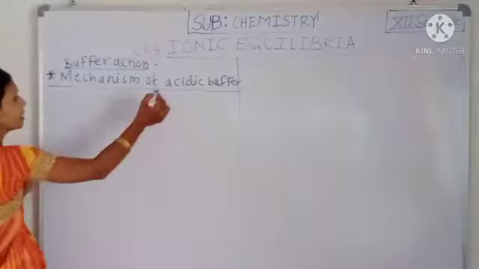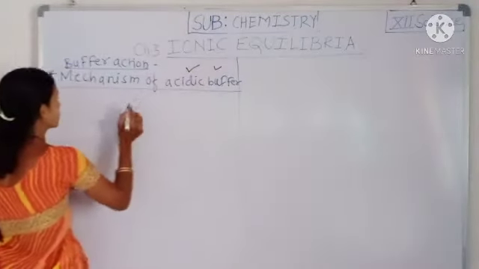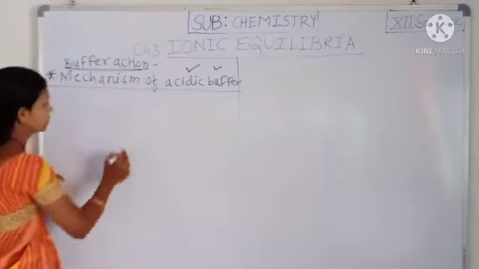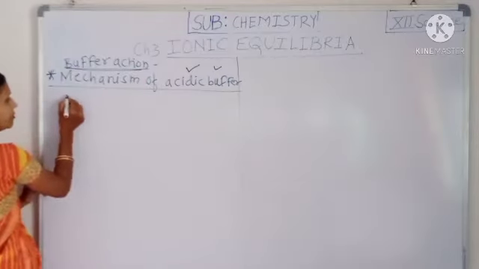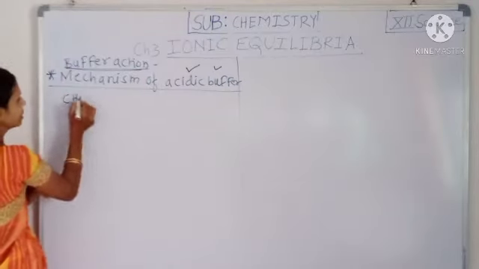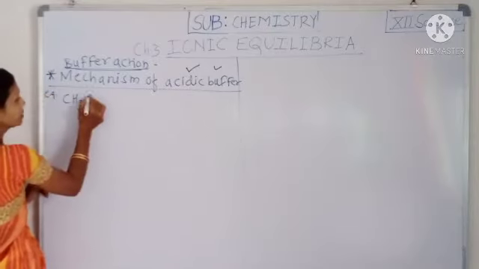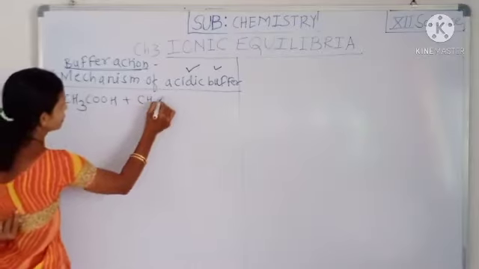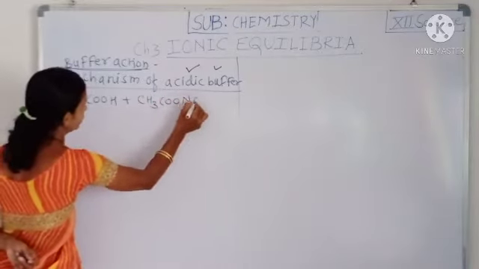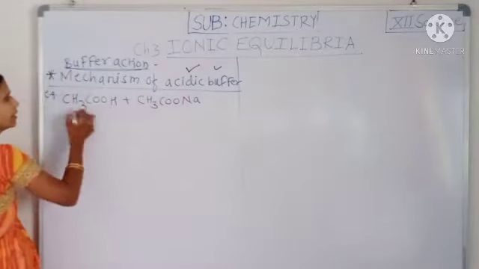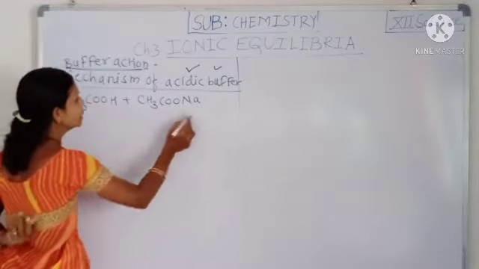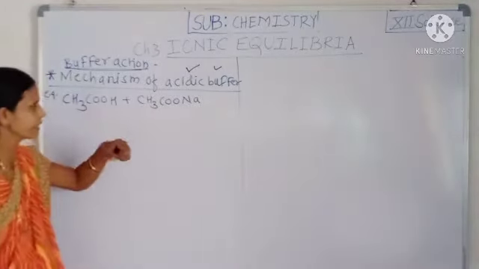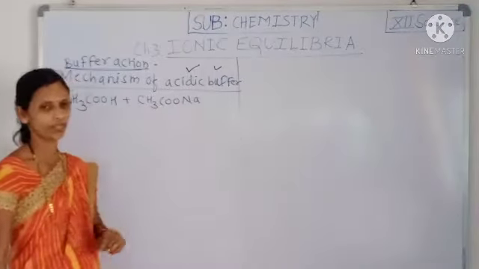Taking one example of an acidic buffer, we will discuss buffer action. For example, CH3COOH and CH3COONa: a mixture of these two in aqueous medium acts as an acidic buffer.